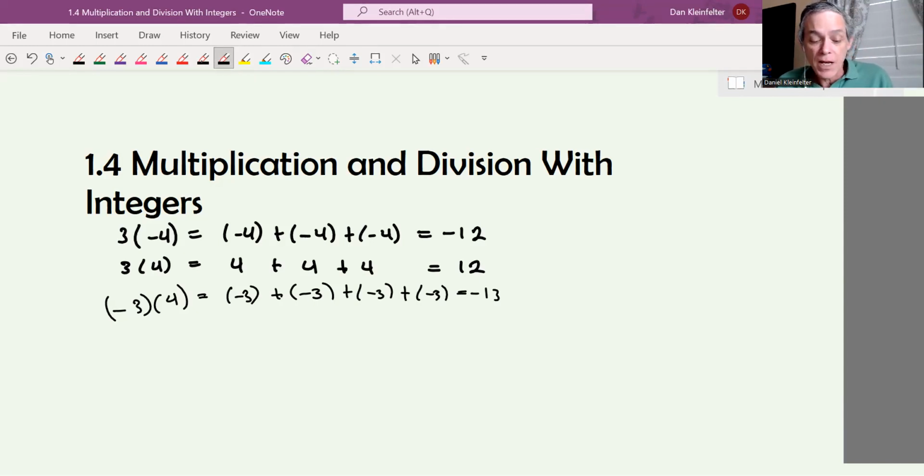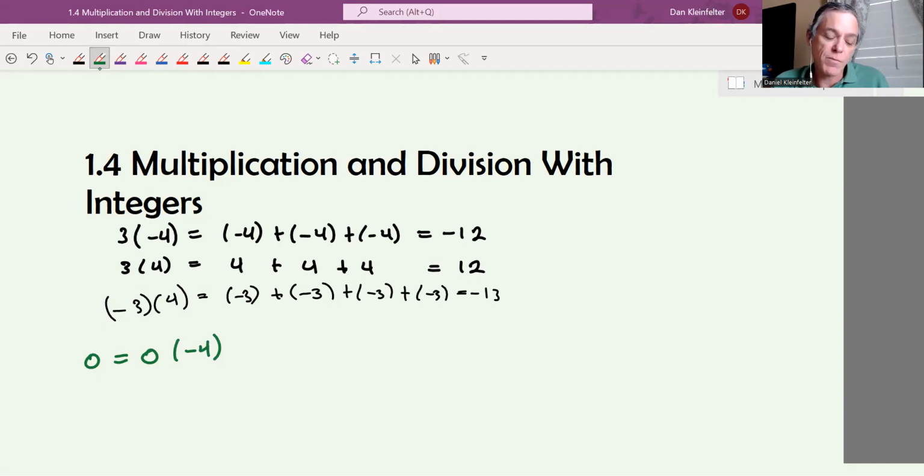The one case that people usually find really confusing is what if we're multiplying a negative number times a negative number. So we want to go ahead and address that now. Again, we'll use an example to illustrate. We know that 0 times any number is going to equal 0.